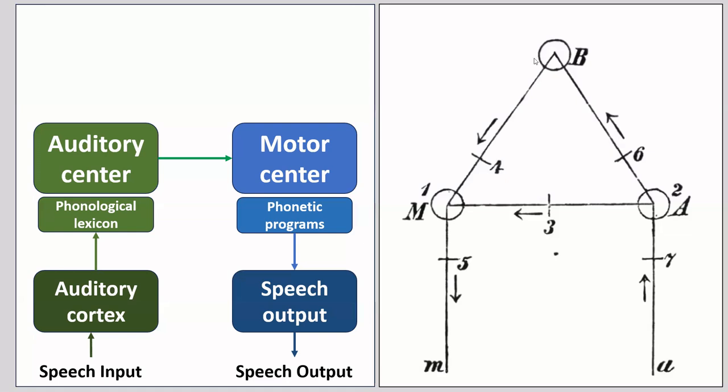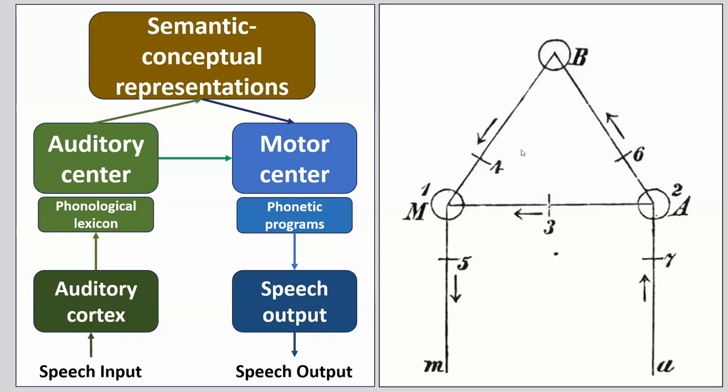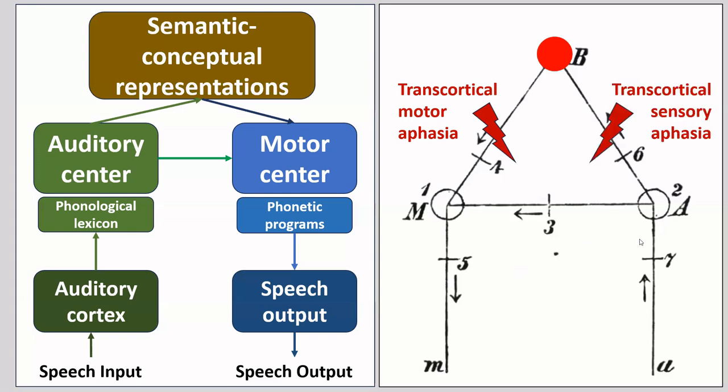But he said this provides an explanation for transcortical aphasias, because if you get an interruption on the pathway between the cortical areas which generate the meaning of a word and the auditory center or the motor center, then no activation is possible of either the motor image or of the auditory image, but repetition is still possible.